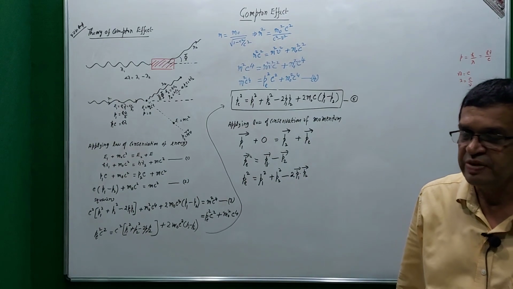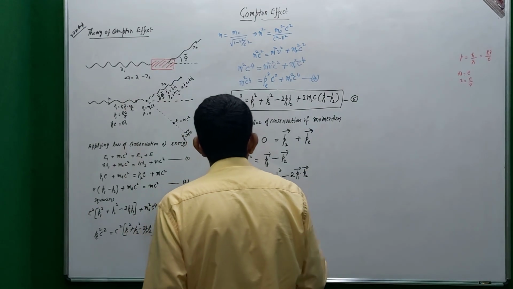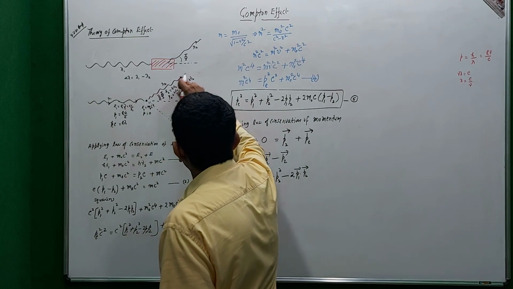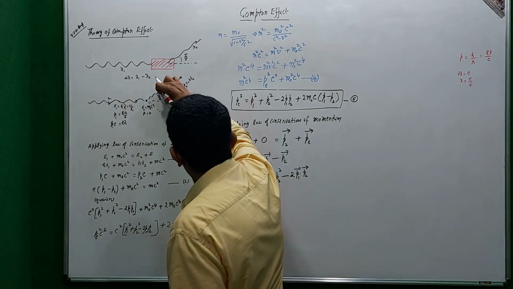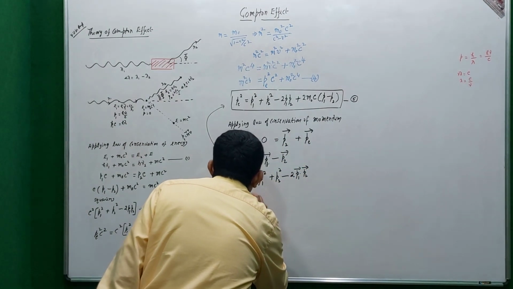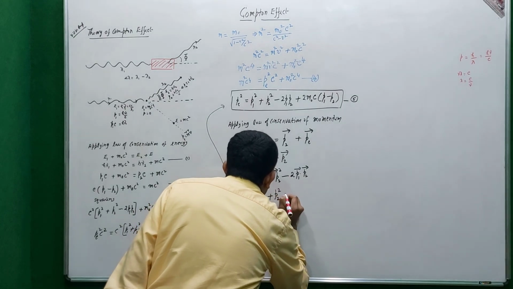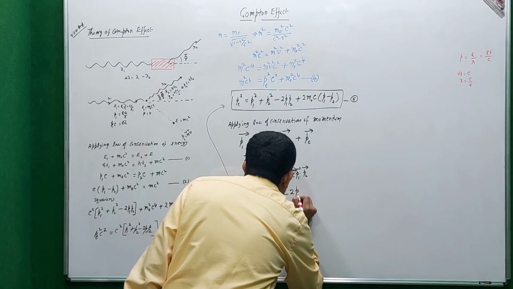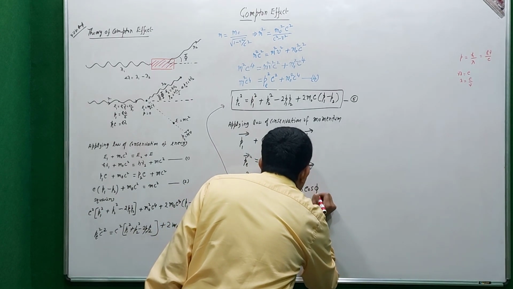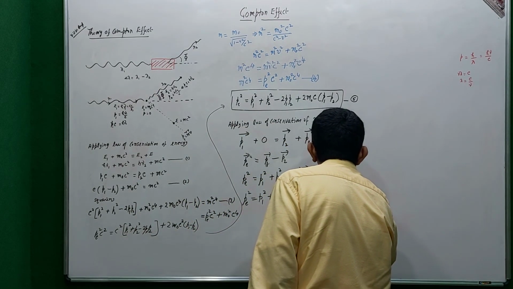Vector A cross vector B is equal to AB sin theta, where theta is the angle between the two vectors. In this case, this vector is P1, this vector is P2, and phi is the angle between the two vectors. Therefore, this becomes P square equal to P1 square plus P2 square minus 2 P1 P2 cos phi. I'll write this as equation 6.